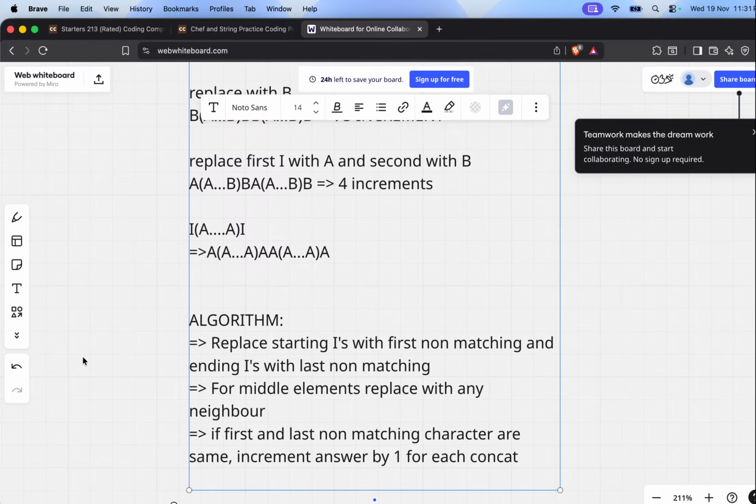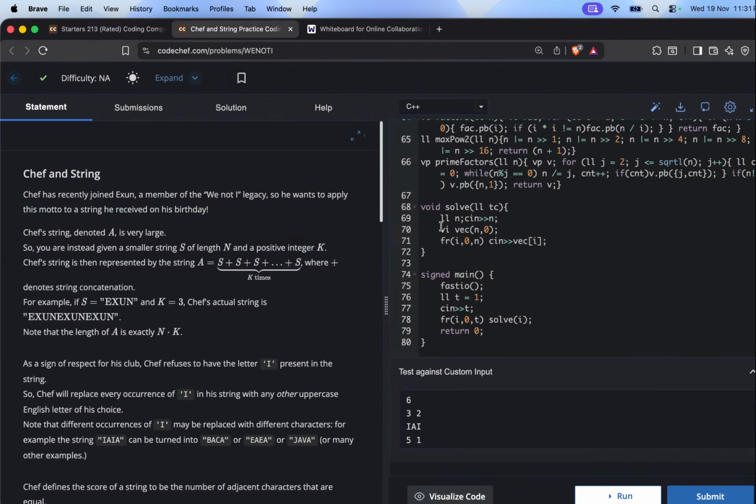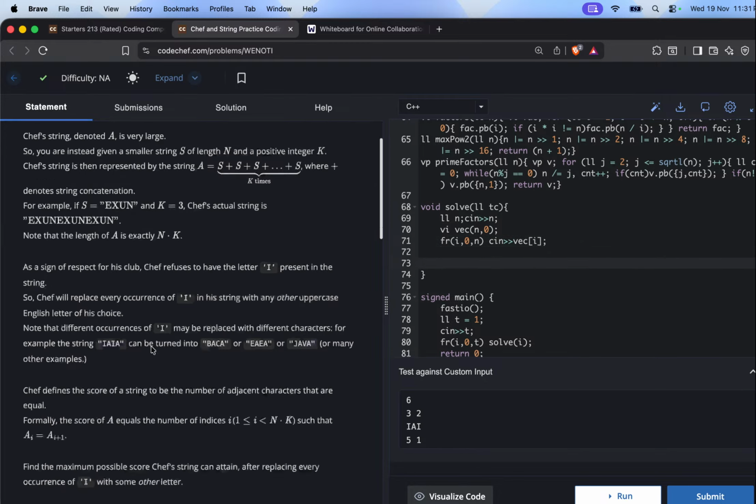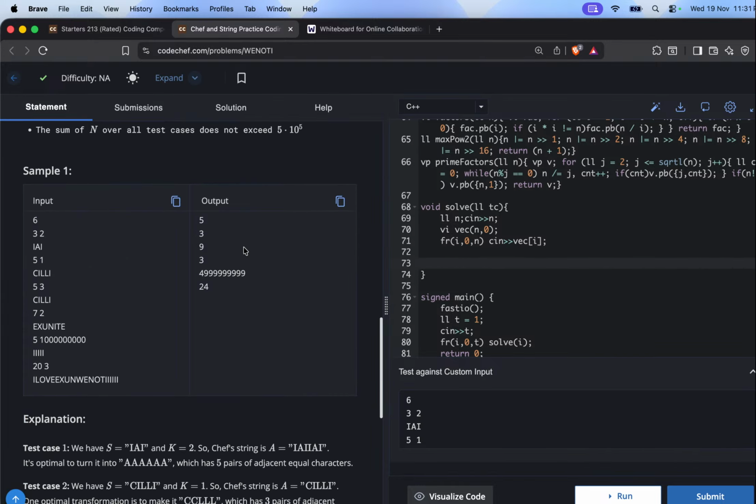So let's move to the implementation part. First condition: what if our string consists only of I's? Then there is no first matching and last matching condition, so handle it separately.